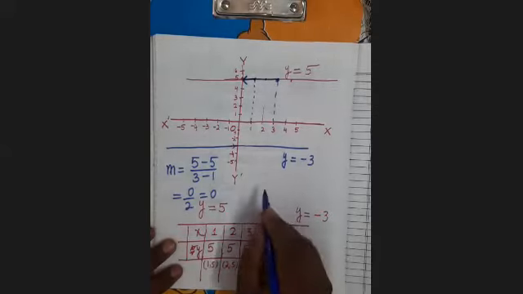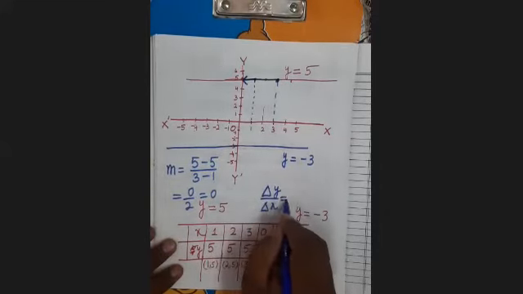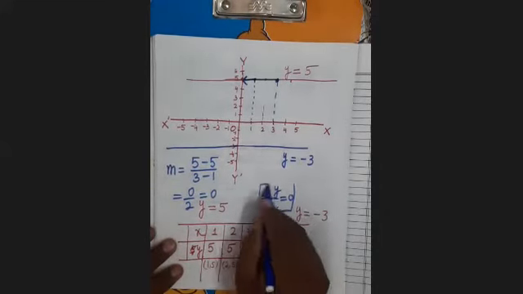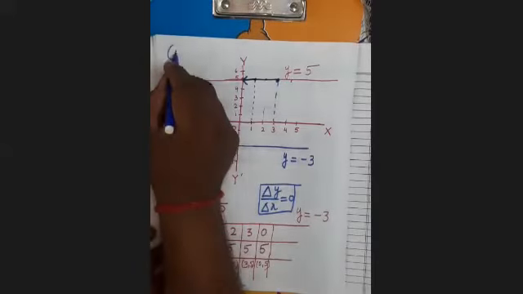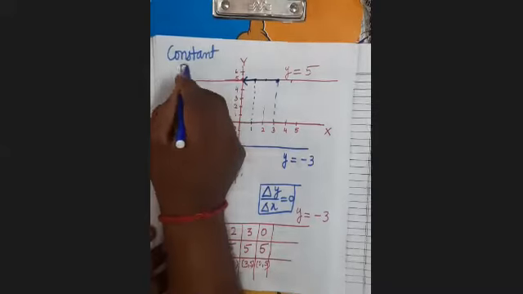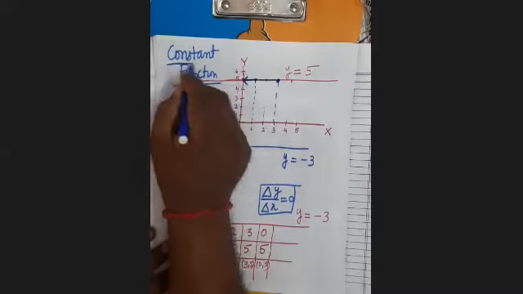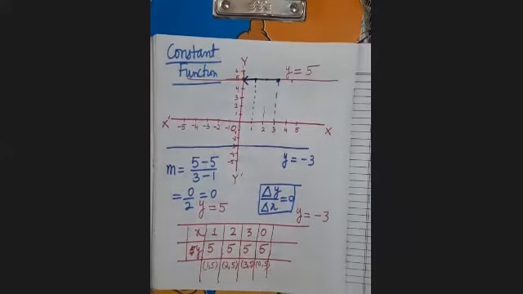No slope means delta y upon delta x equals 0 in a constant function. This is all about the constant function. What is the meaning of constant function?